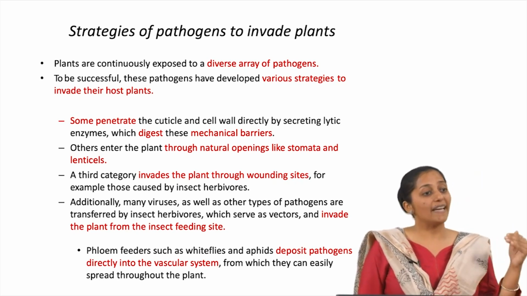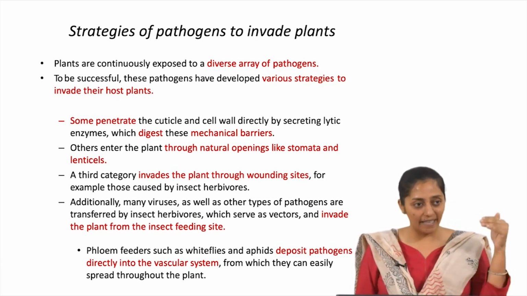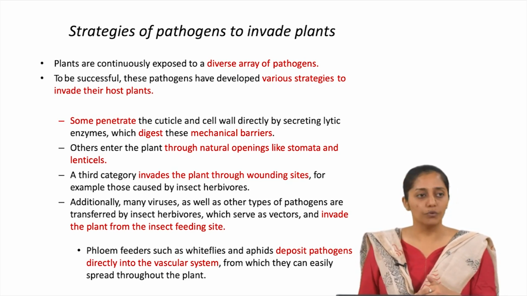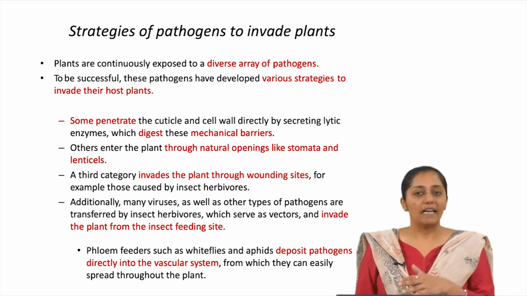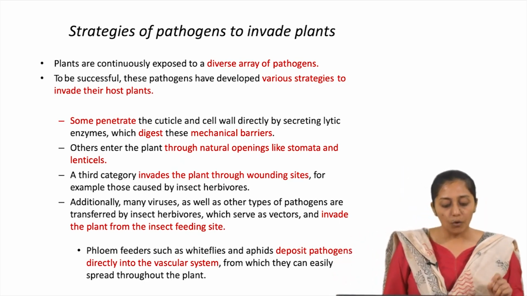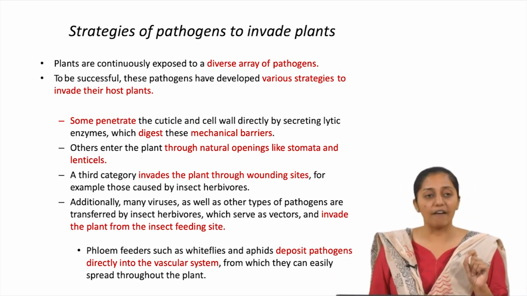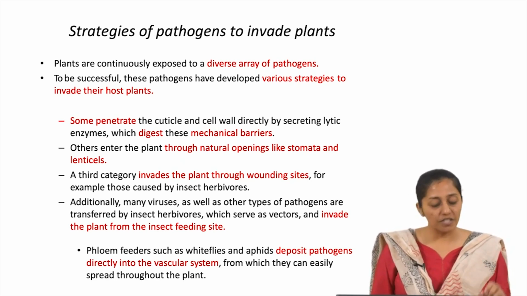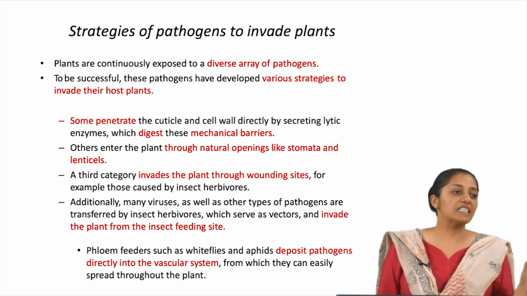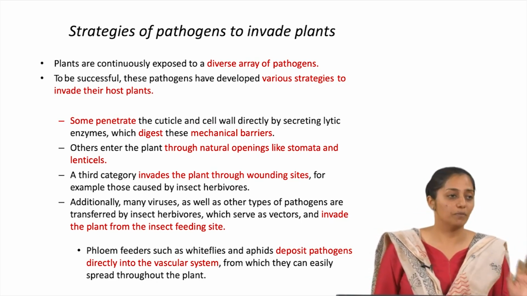While they have pierced these vascular bundles for food, the viruses may enter and then spread throughout the plant. Now, phloem feeders are one of the examples, like for example whiteflies and aphids, they deposit pathogens directly into the vascular system and from there they can easily get transmitted to the entire plant. So, now the plant has to cater to this problem also.